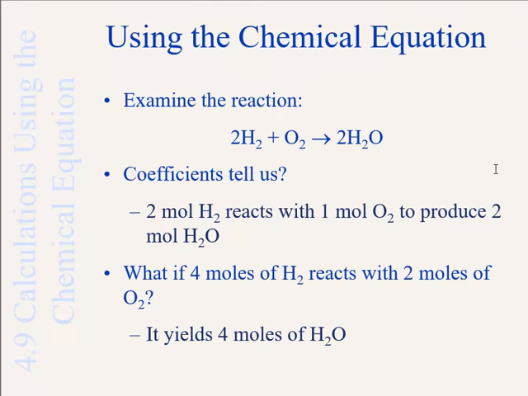Now we are ready to do some calculations that will allow us to do practical laboratory work. What I mean is, we have our balanced equations, and the balanced equation tells us the exact quantities of reactants needed and the amount of products that will be produced based on the amount of reactants we use.